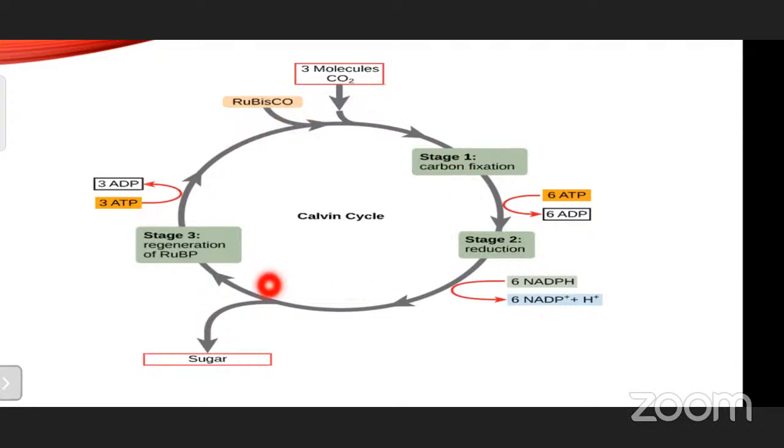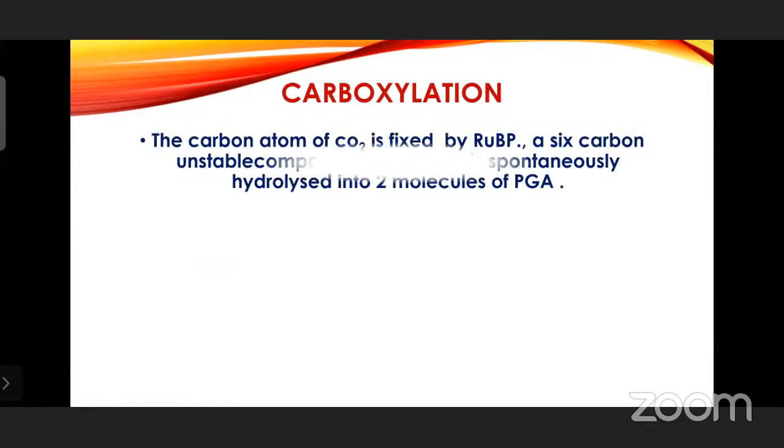So this is a cycle taking place, and for every carbon dioxide molecule, one single Calvin cycle is going to take place. So let's have a clear understanding stepwise, starting with carboxylation. The carbon atom of carbon dioxide is fixed by RuBP. A 6 carbon unstable compound is going to form.